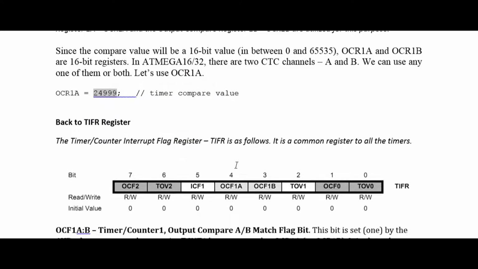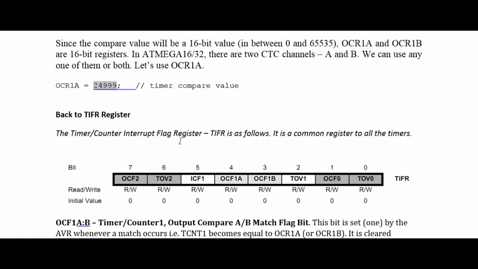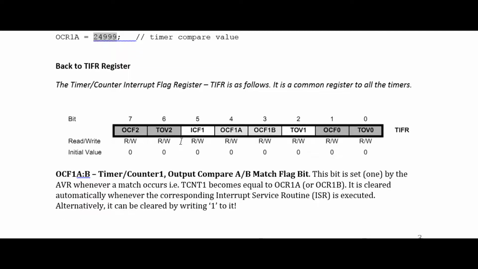Now we need to check the TIFR register to see if the compare match happened. OCF1A, the output compare A match flag, is set to 1 by the AVR automatically whenever a match occurs.